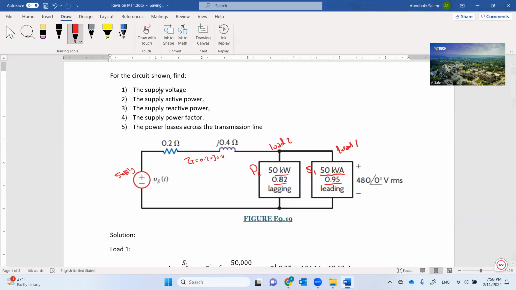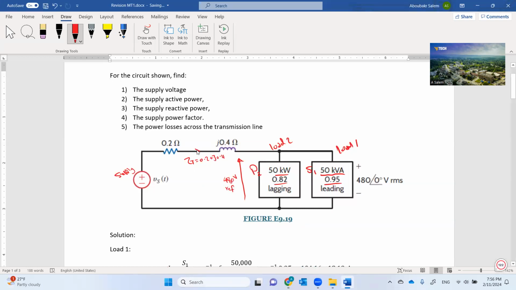Now, we need firstly to get the supply volt. In order to get it, if you make a Kirchhoff voltage loop, you need this current and the volt here. We know the volt at this part, which is 480 volt at angle 0, so this is the reference.